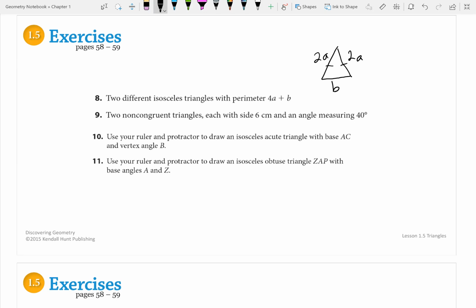Make it like super wide. What if we did like A, A, 2A plus B? That would work. I suppose that would make B a negative number realistically, but that would work.